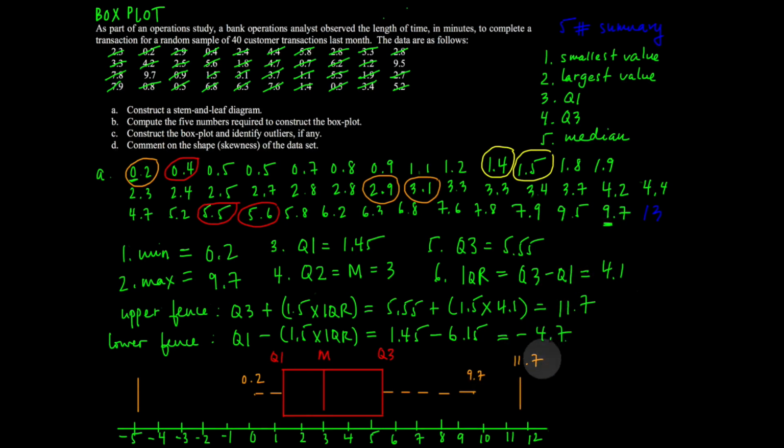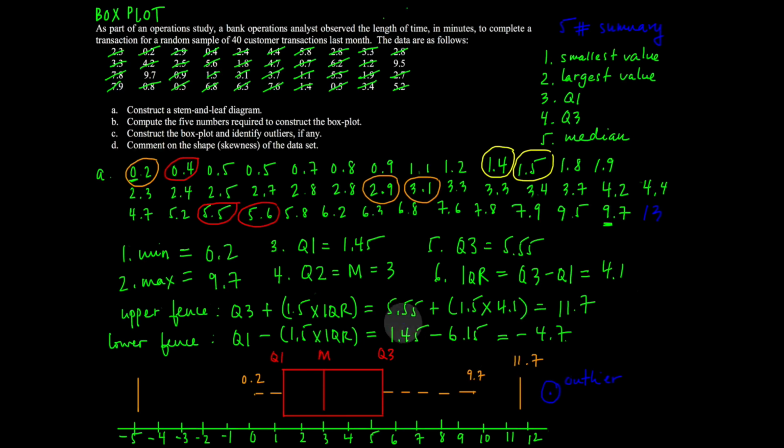And then the next data point, 13, would fall over here, and that would be an outlier, okay? So I repeat that. The whiskers go until the last data point before you hit the fence, and anything beyond that, so any data points beyond the whisker data point is an outlier because it falls outside the fence, right?